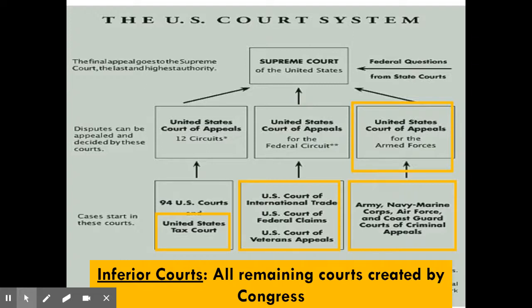Because of that, they're called inferior courts, just because the Constitution didn't mention them. These judges usually don't have life terms, and usually have their jobs for about 10 years. So there's a difference between constitutional and inferior or legislative courts in the amount of time that the judges occupy those positions.